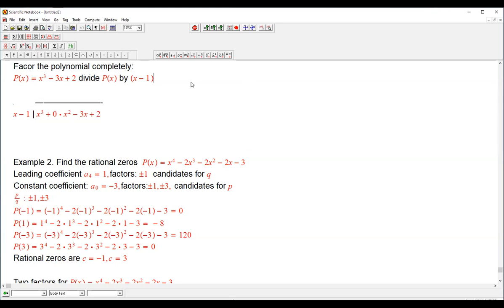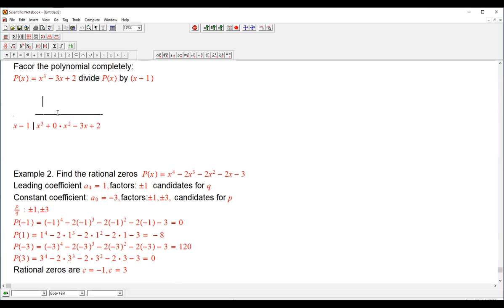That's going to be x squared. x squared times x equals x raised to the power 3, and x squared times negative 1 is minus x squared.